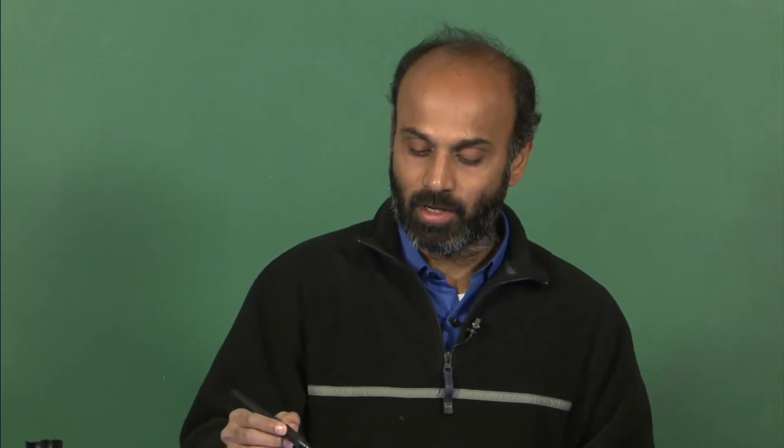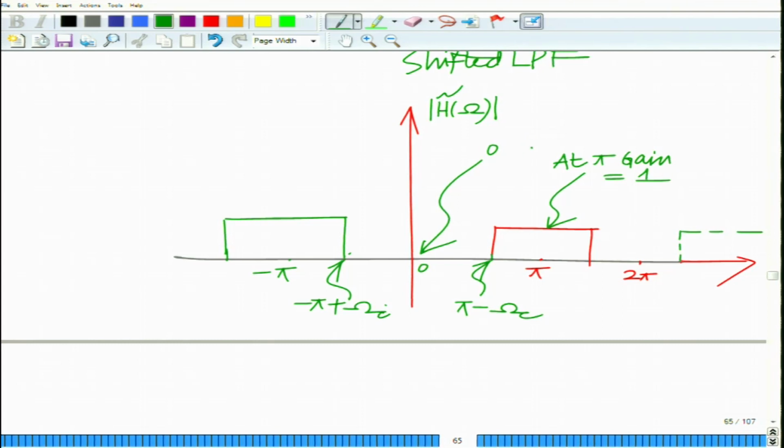Using this modulation, minus 1 raised to n times h of n, we have converted a low pass filter into an equivalent high pass filter with a cutoff frequency pi minus omega c. So the cutoff frequency of this will be pi minus omega c, and this is a high pass filter.